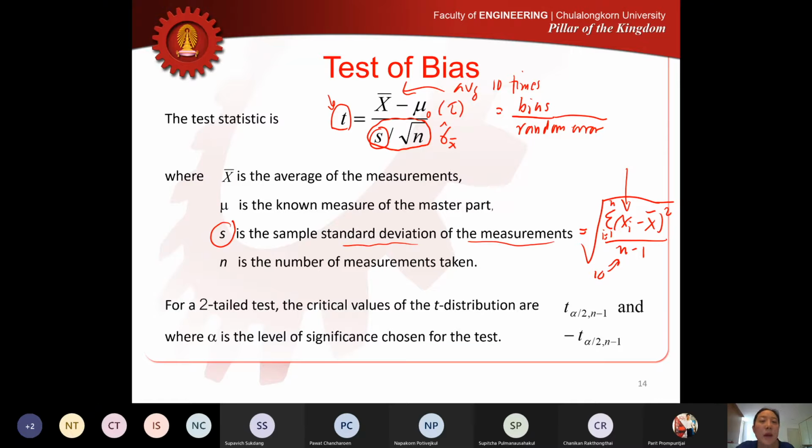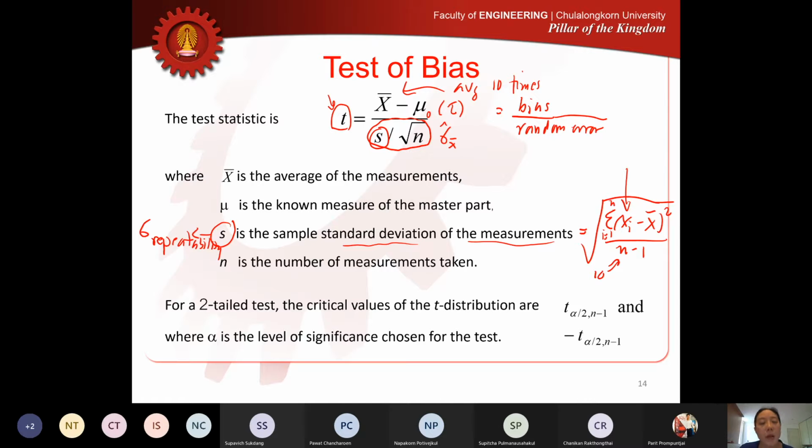That means the variation when we measure the same part at different times is called sigma regarding repeatability. So S here tells you about the variation regarding repeatability. It doesn't represent the variation of the parts, because in this case we measure only one part, which is the muscle part.